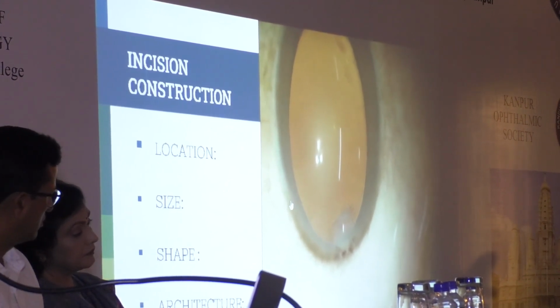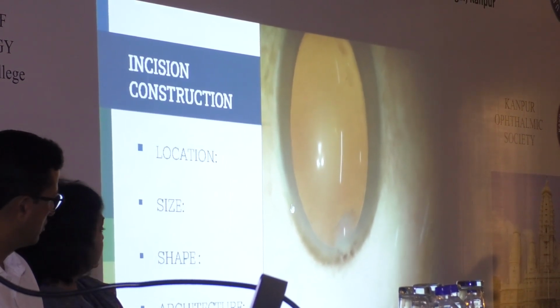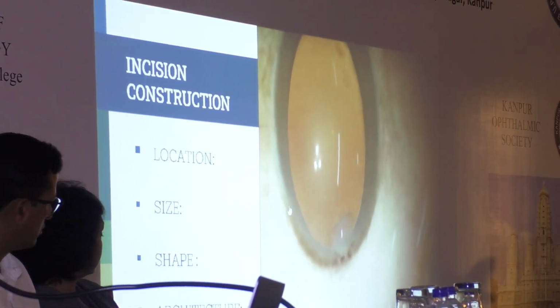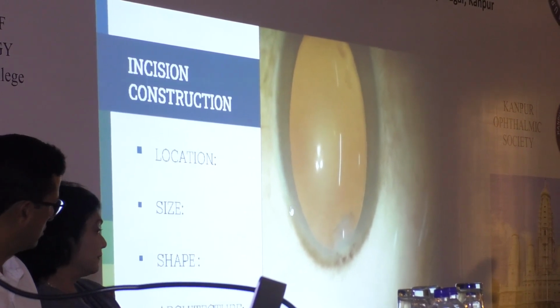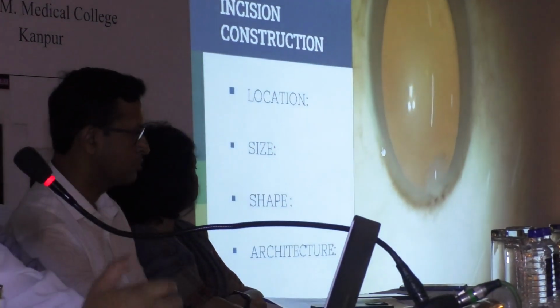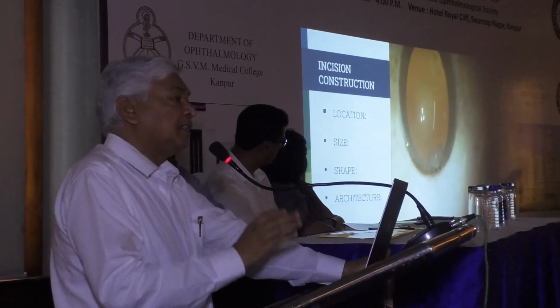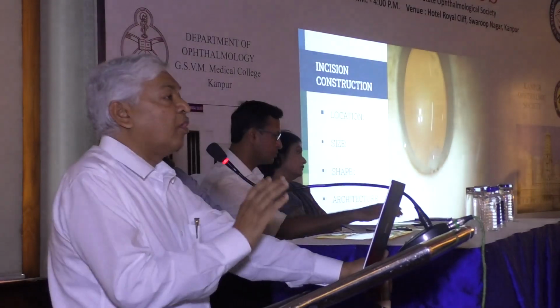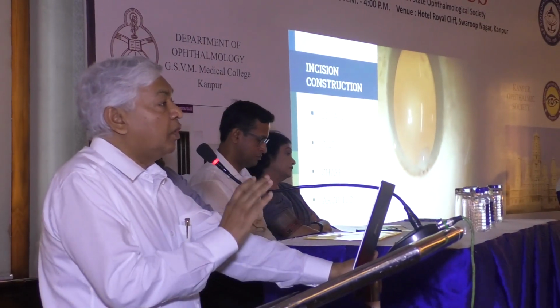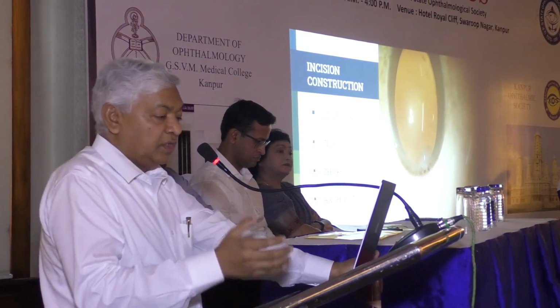The most important part of this kind of incision is that you can prevent post-op endophthalmitis. When you make a clear cut incision, sometimes due to ingress of the fluid, infection may occur, which is well documented. So from the very beginning, make a habit; later on you can do whatever you want.